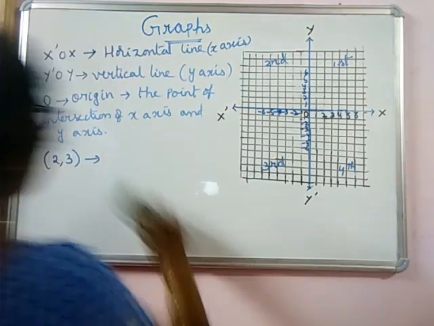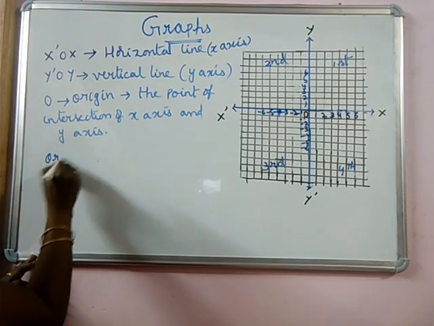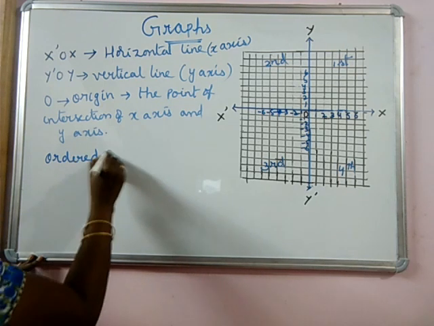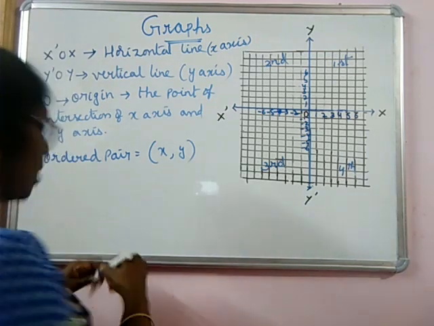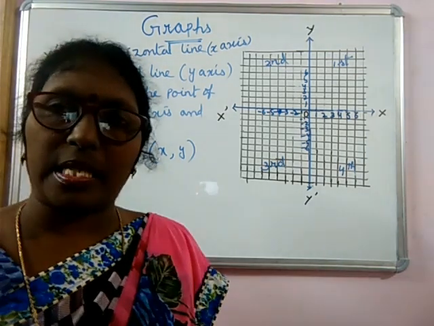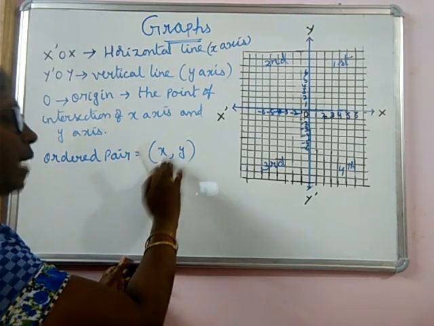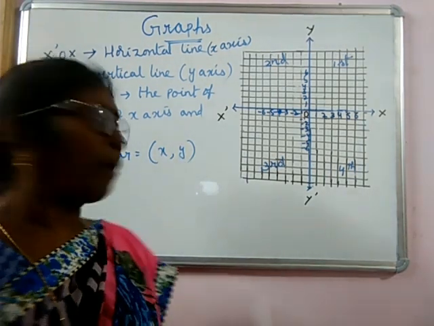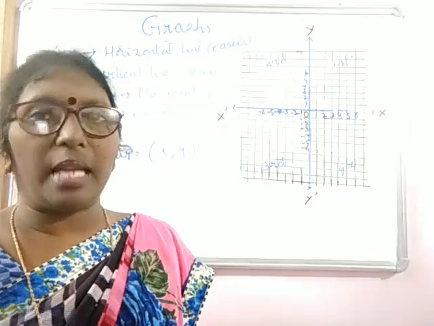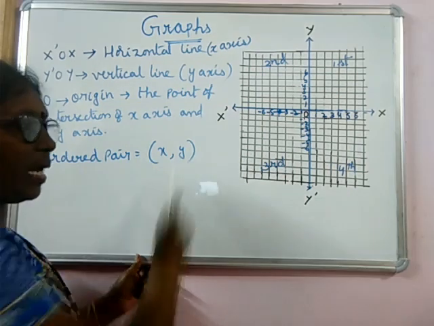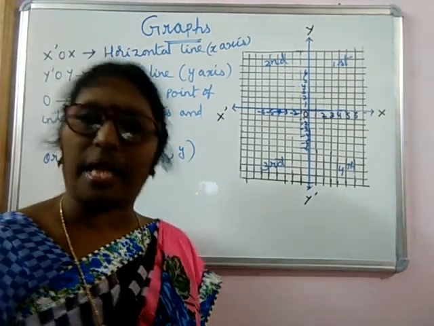Okay, before this, let me explain to you what is an ordered pair. Ordered pair means x coordinate and y coordinate of a point is known as the ordered pair. X coordinate, Y coordinate. In the ordered pair, the position of the coordinates is very, very important. X, Y cannot be Y, X unless X and Y are equal.